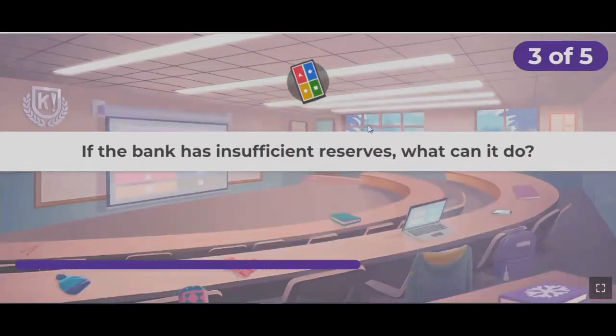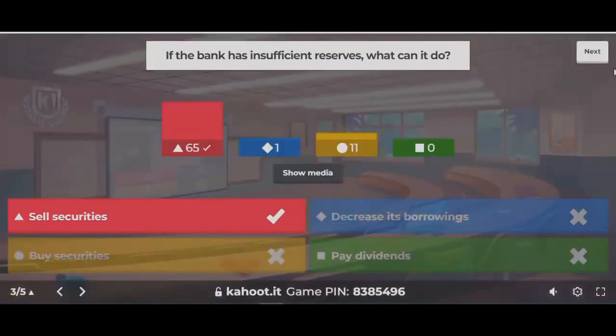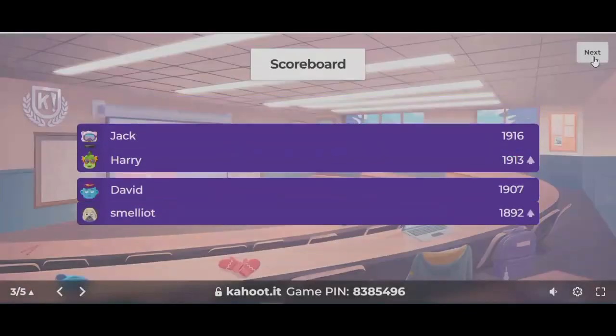If the bank has insufficient reserves, what can it do? Sell securities, buy securities, decrease its borrowings, or pay dividends? And the answer, of course, is sell securities, because they need cash.